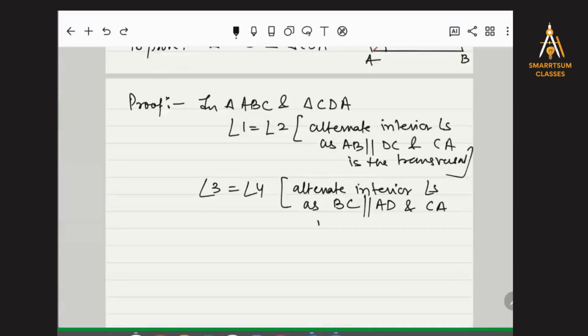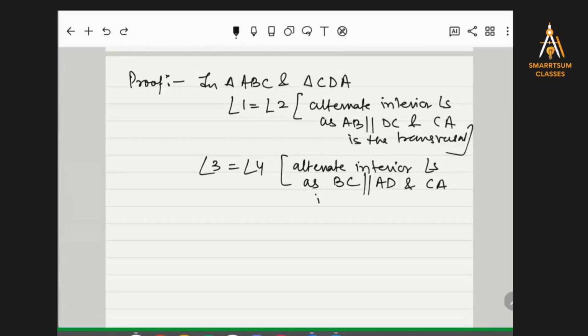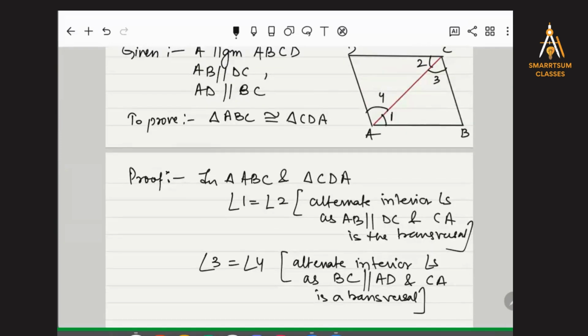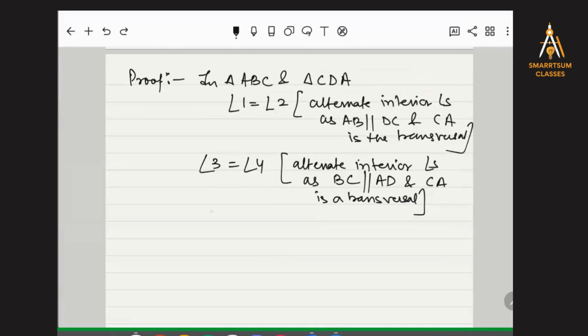These theorems you have already done in your previous classes also, right? We are using the same thing here. Right? Now, so two pair of angles we have proved that they are equal, and the line AC, ये line जो है दोनों angles में common है, दोनों triangles में, right? Okay. So AC and CA are common.